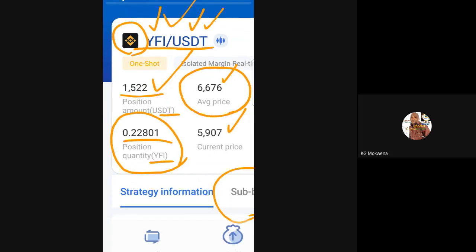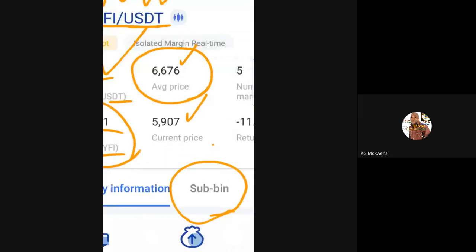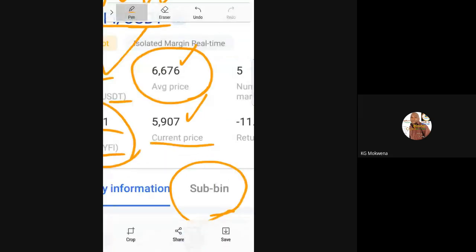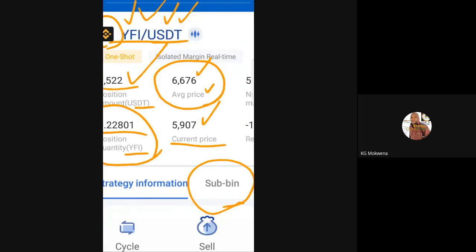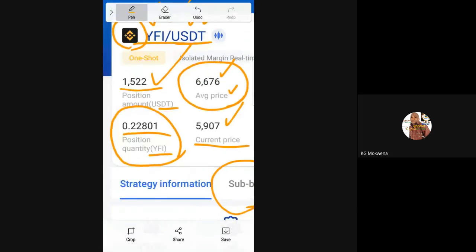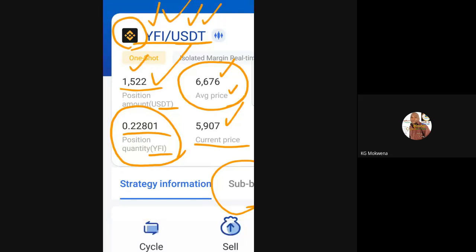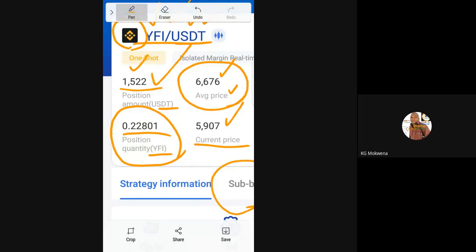So now what is happening is that current price is the price as per the market. It means it's the price of the asset now. But average price is the price that is determined by the number of times that the buying transactions were taken for all this money to be eventually put into the position.